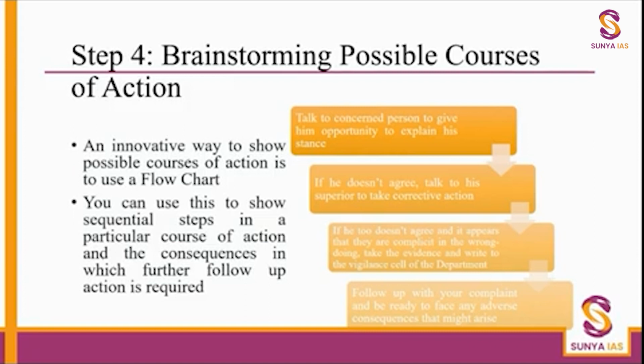Second, if he's still not agreeing, talk to his superior, let him take the corrective action. If he is also not agreeing and it appears that both of them are involved in the wrongdoing, you take the evidence and write to the vigilance cell of the department, right? And after doing that, you follow up on your complaint, and if you face any adverse consequences, then you should be ready to face it, right?